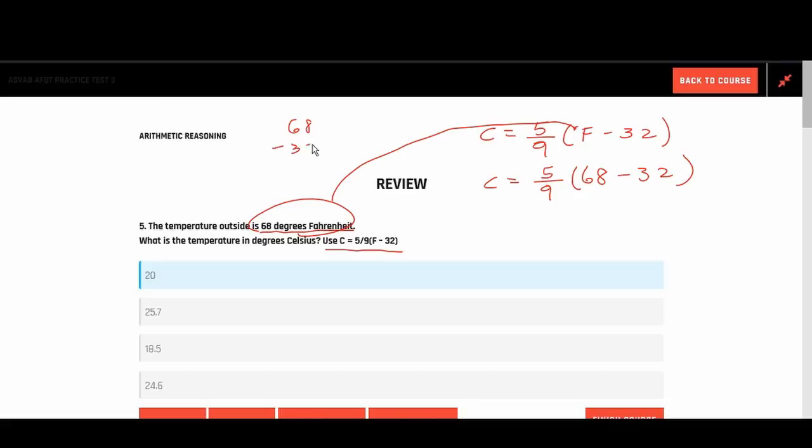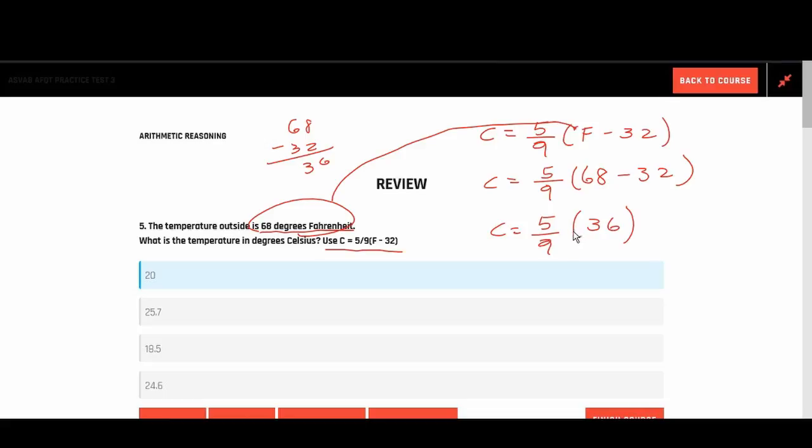68 minus 32 is 8 minus 2 is 6. 6 minus 3 is 3. So this becomes 5/9 times 36. Now we're multiplying a fraction by a whole number.